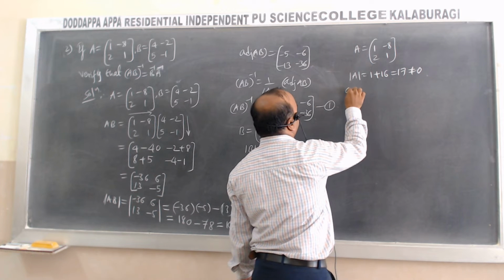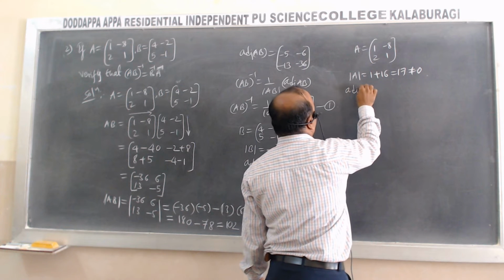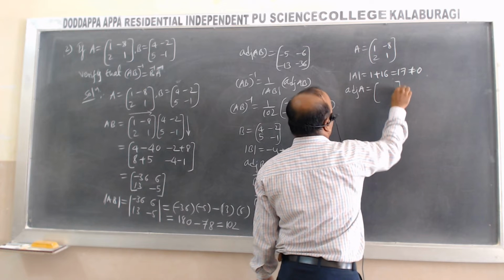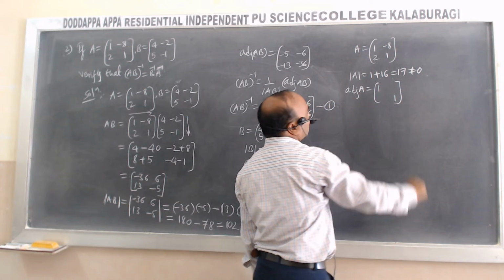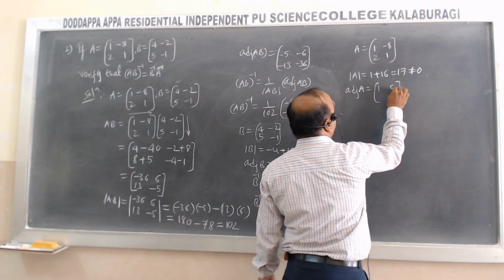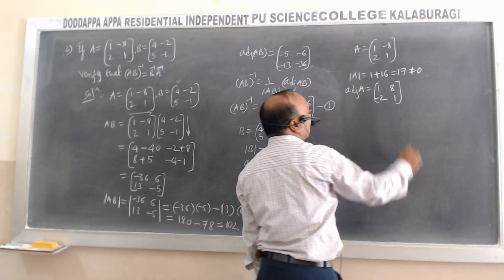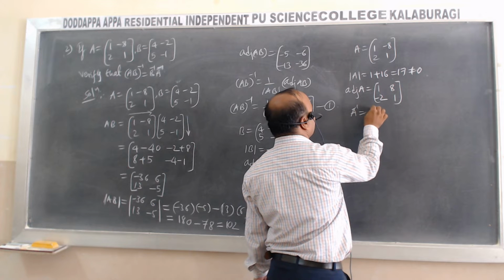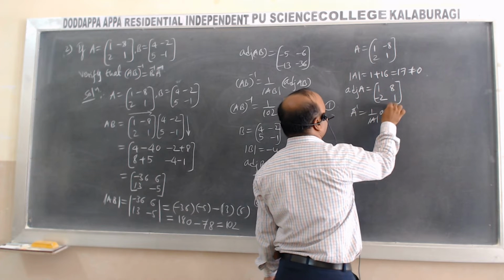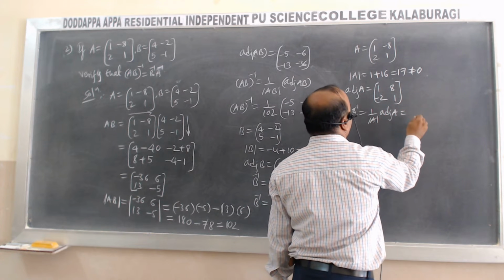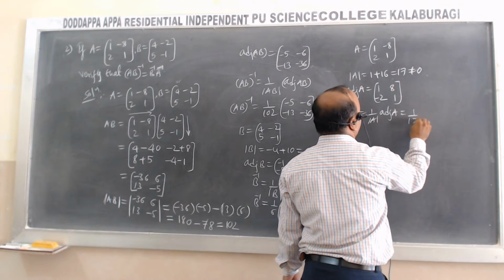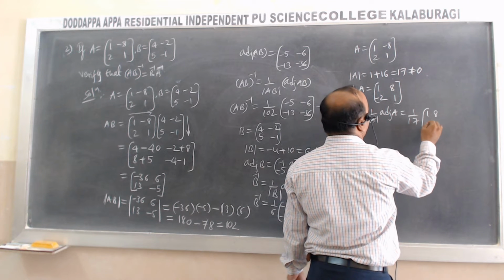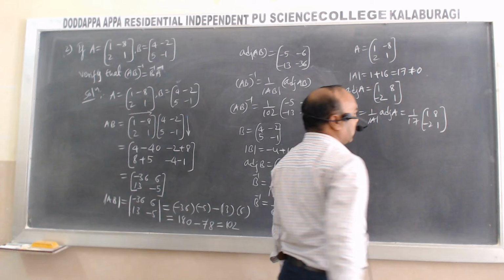Then we go for adjoint of A. It is given by change of diagonal elements, 1, 1, change of sign, it is 8, minus 2. Then we go for A inverse, it is 1 by determinant of A into adjoint of A, it is 1 by 17 into [1 8; -2 1].